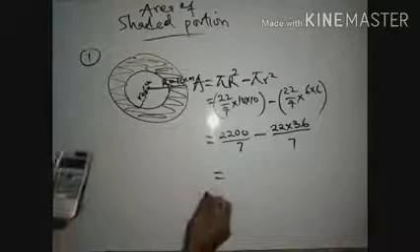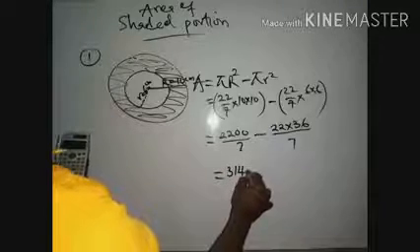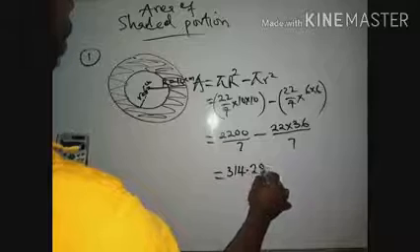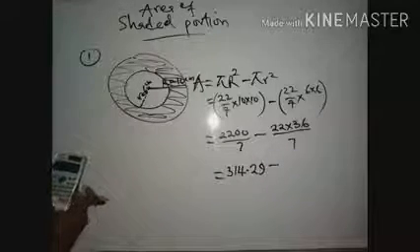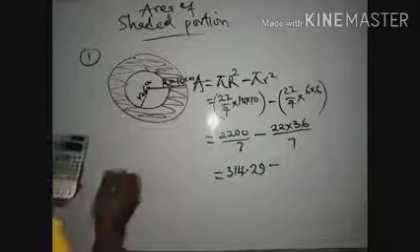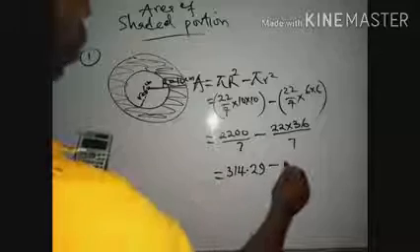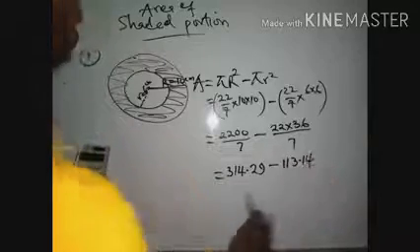That will make this part become 314.29 minus, let me solve the other part, 22 times 36 divided by 7, and that gives me 113.14.